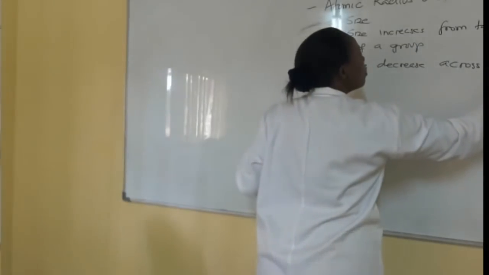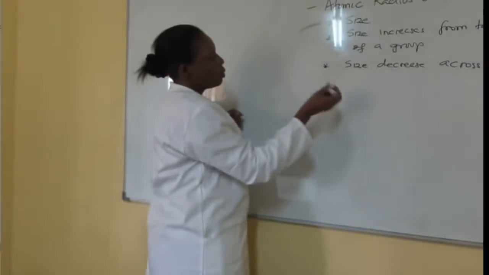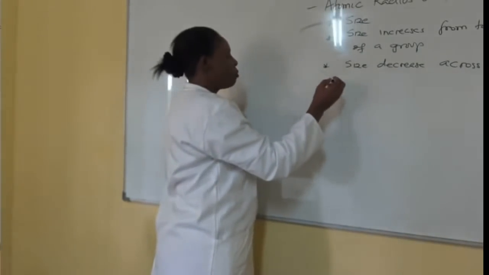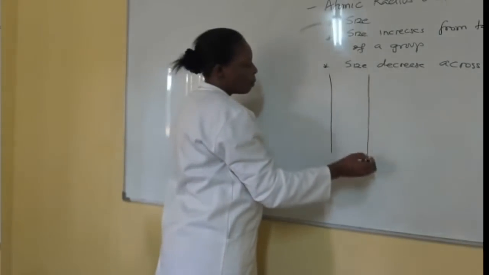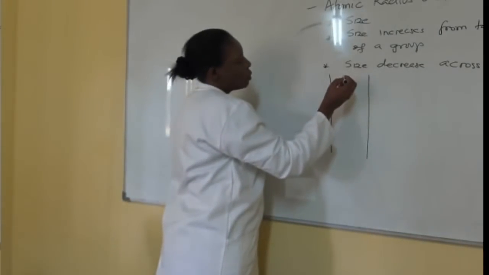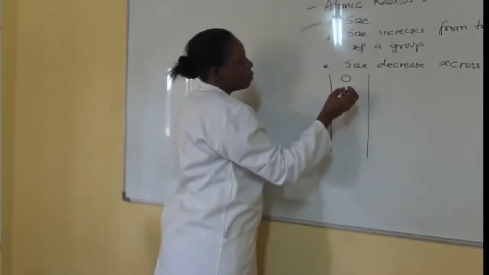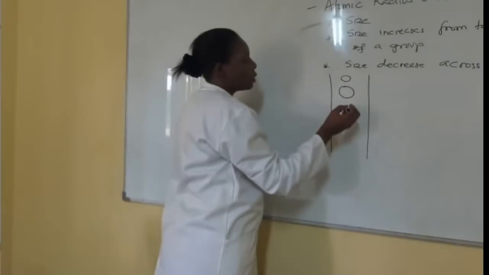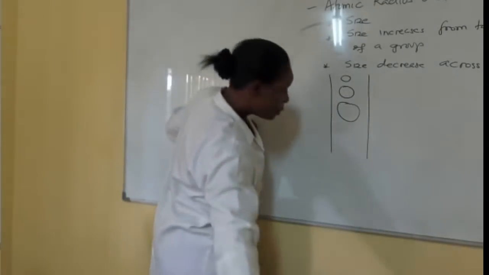So if you pick one group, as you move from top to bottom, size will be increasing. You will notice a gradual increase in size.